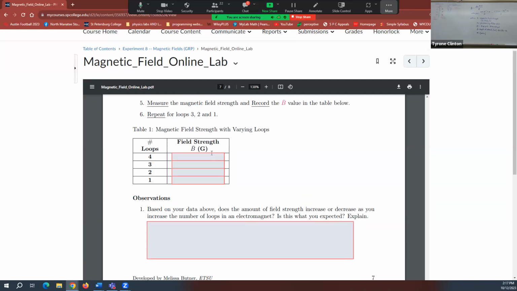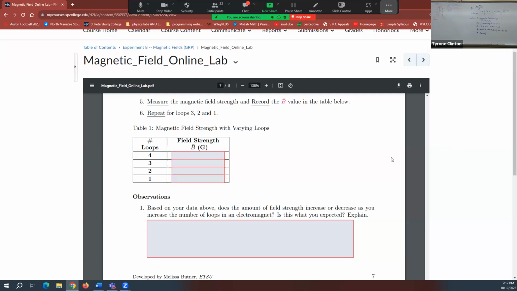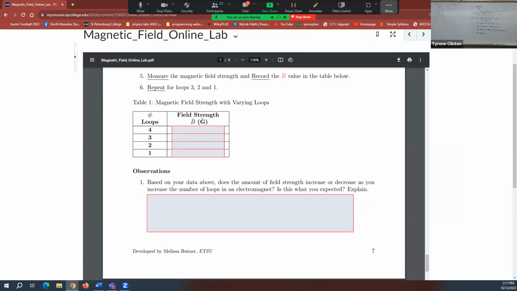Okay, so here's a minor mistake, and I'll put it in the notes below. The field strength B, this unit G, I'm not sure how that got in there.